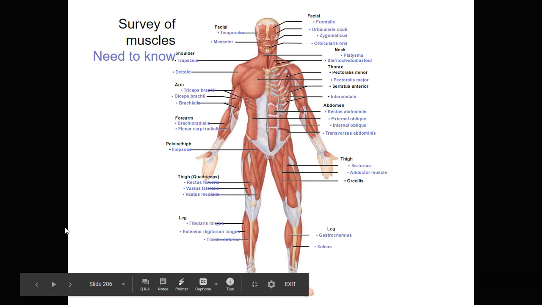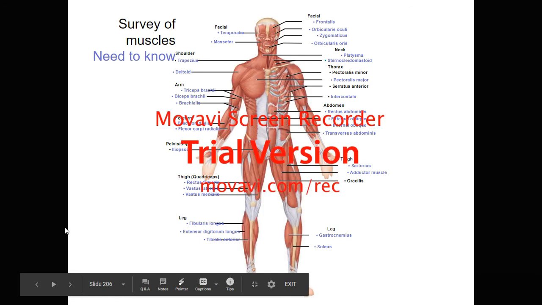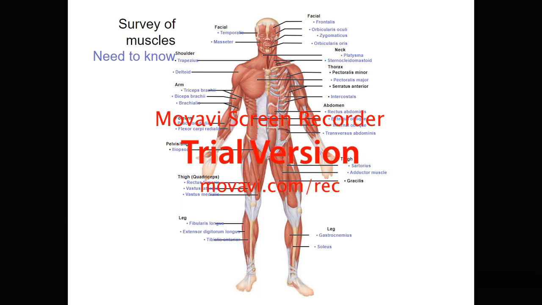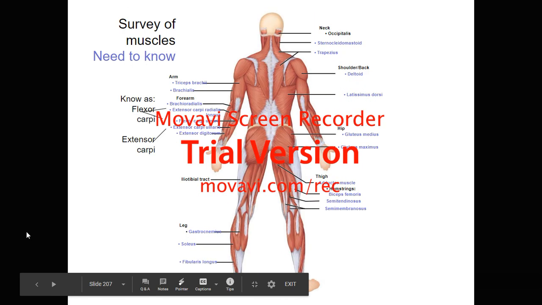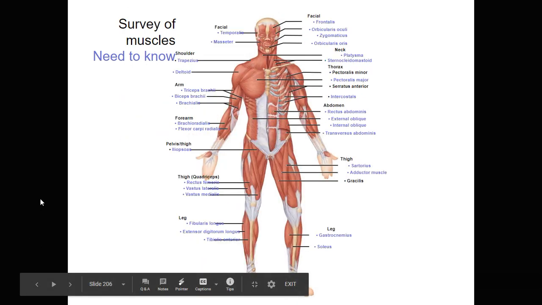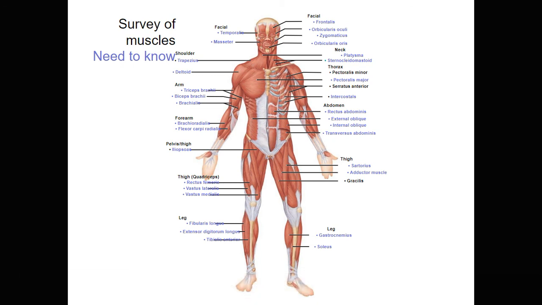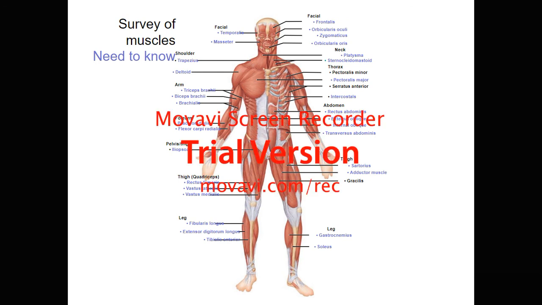Okay, and then the survey of muscles you need to know. Again, this is the anterior view, and there's also a posterior view. It is a lot of muscles, but like I said, hopefully you have already been reviewing your muscles, because you had to review them for your anatomy lab.